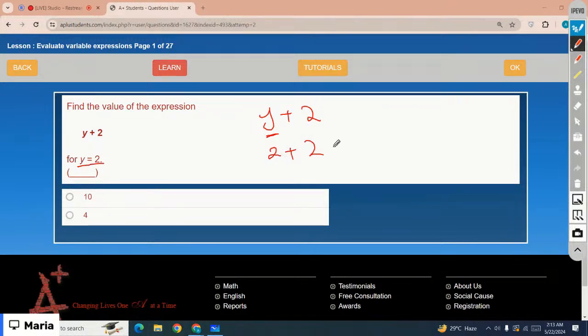So that is 2 plus 2, and 2 plus 2 equals 4. The correct option is 4, right? So the value of the expression is 4.